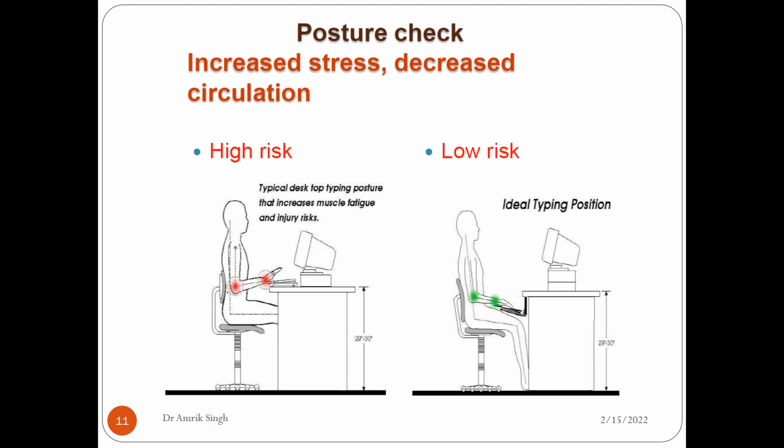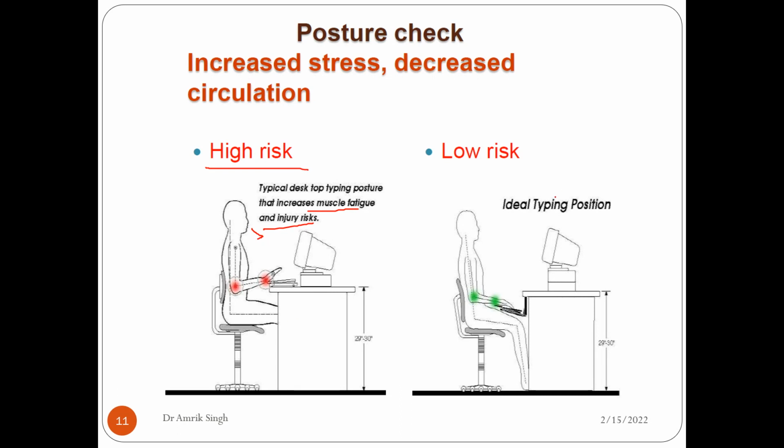There is increased stress at this knuckle and at the wrist, and also you see the angle with which he is seeing. This is a typical desktop typing posture that increases muscle fatigue and injury risk. So a high risk posture is there.